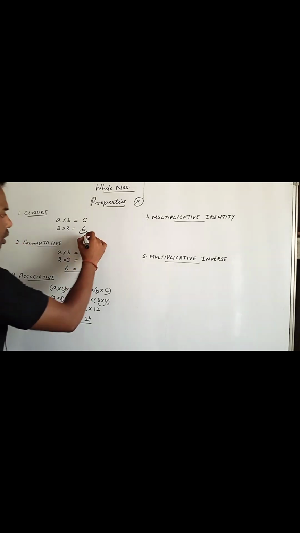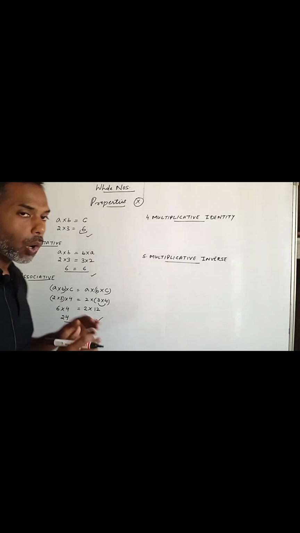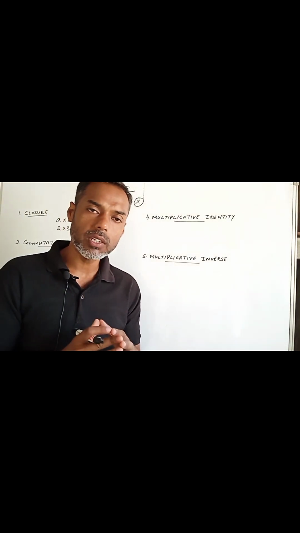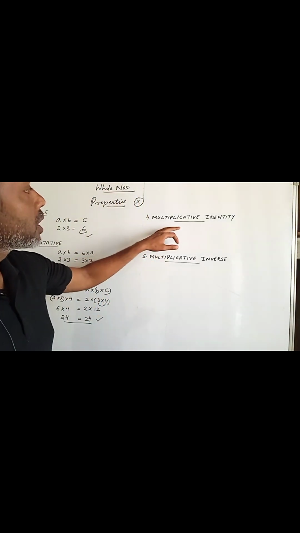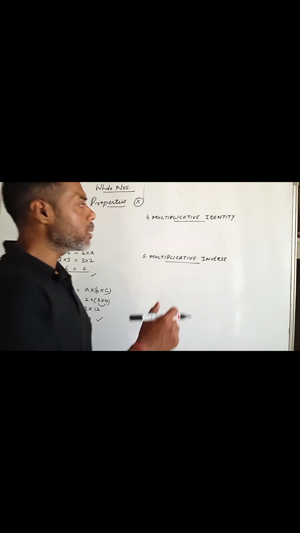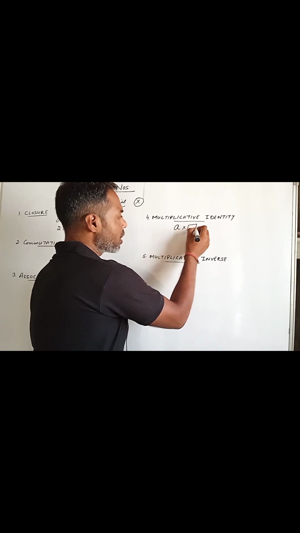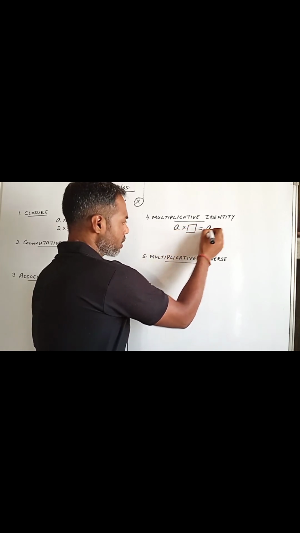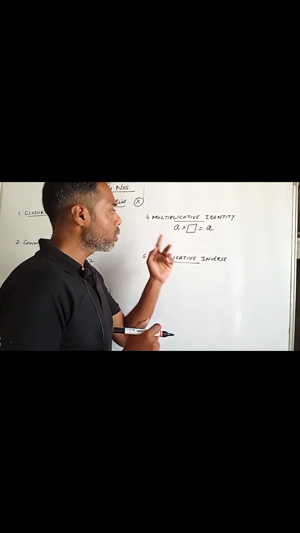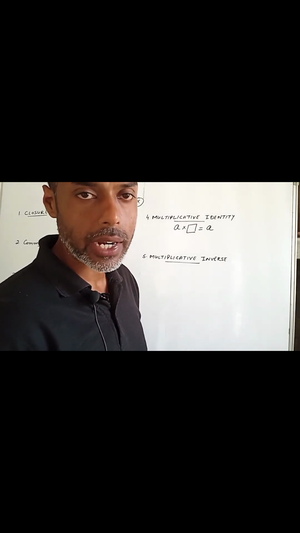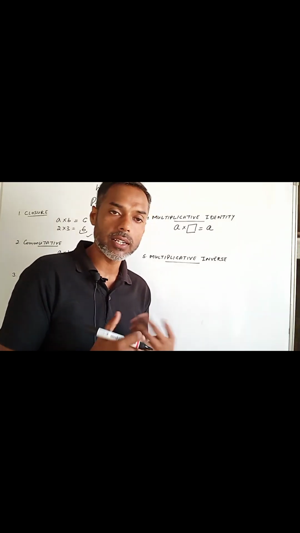So we can say that closure property, commutative property and associative property hold while multiplying whole numbers. Now we have multiplicative identity. Multiplicative identity asks what number we should multiply with a whole number so that we get the same number again. Like while learning additive identity, what number should we add so that we get the number again?